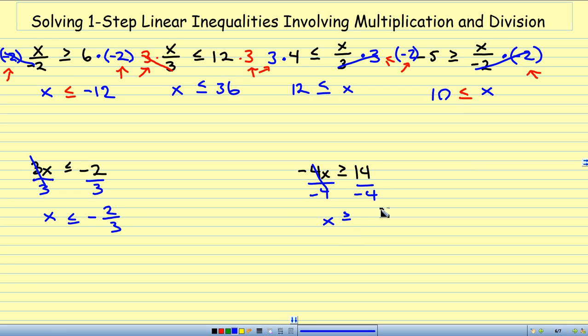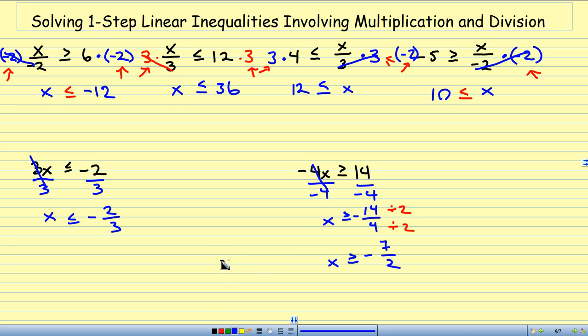I get x is greater than or equal to negative 14 over 4. And I'm going to simplify. Both top and bottom are divisible by 2, so I'm going to divide top and bottom by 2. And that's going to give me x is greater than or equal to negative 7 over 2.